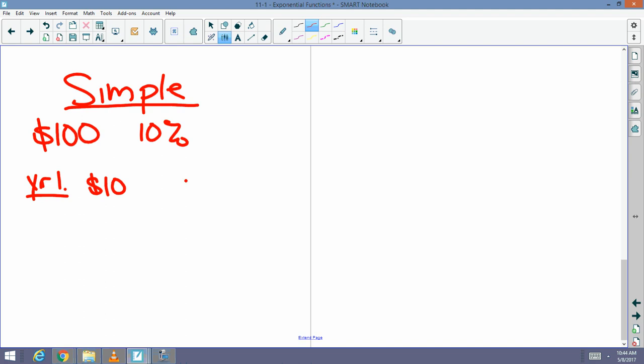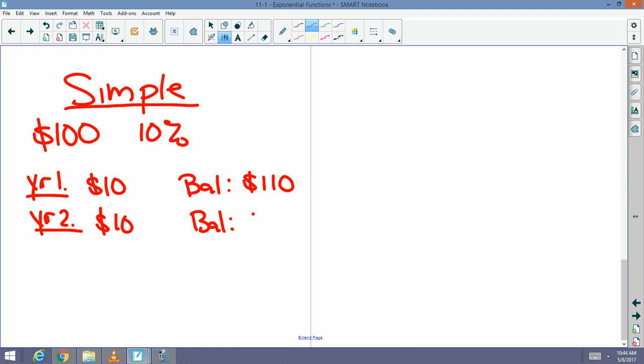Now my balance is $110. Cool. But guess what? Year two, they pay you the same old $10. So my balance this time would be now 120. Simple interest, you only pay on the balance. So what you start with, that's what they're going to pay you on.